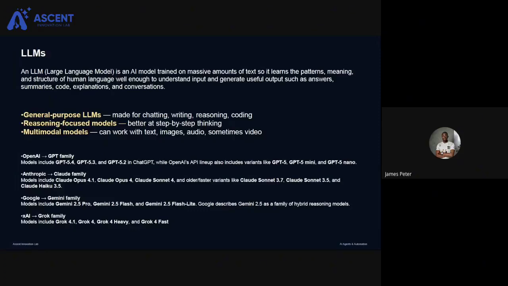Starting first with the OpenAI GPT family, some of the models in here include the recently released GPT 5.4, GPT 5.3, and a whole lot of them going back. We have the Claude family from Anthropic, which includes Claude Sonnet 4.6 and Claude Opus 4.5.